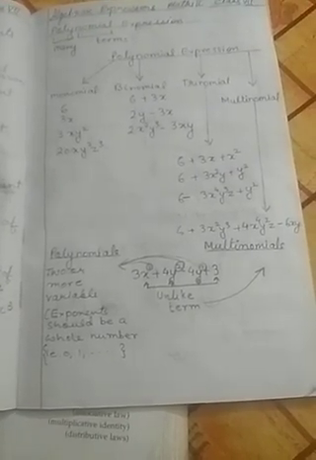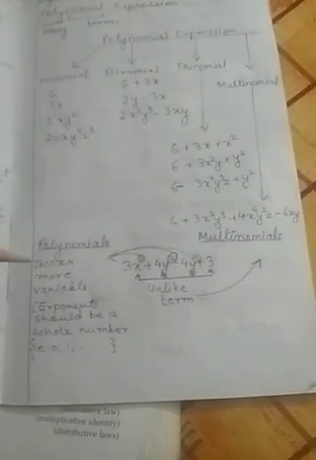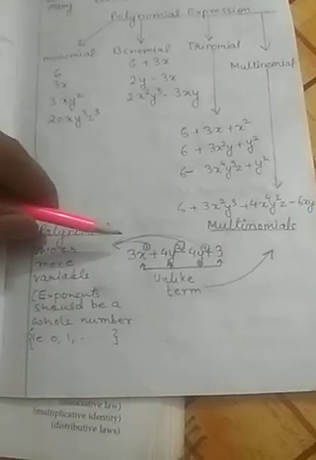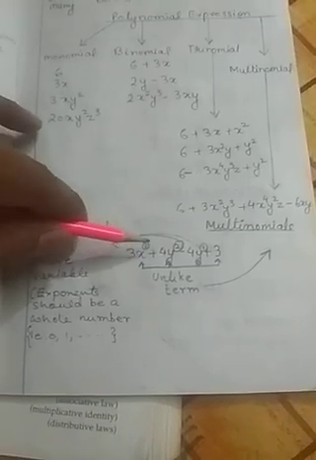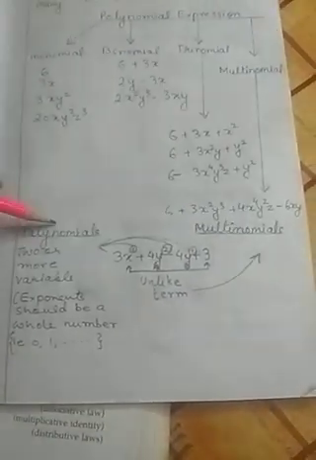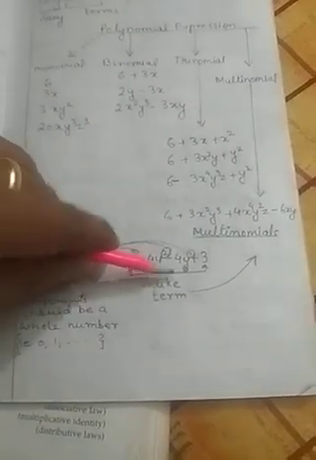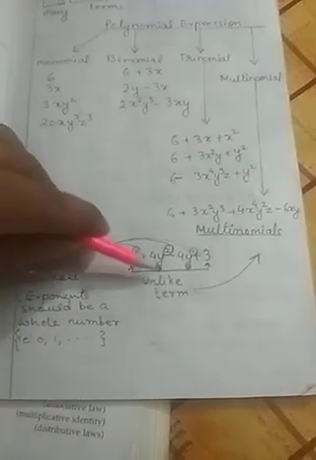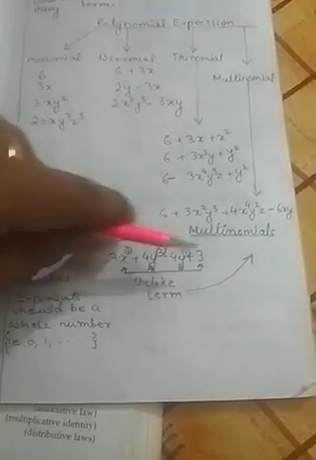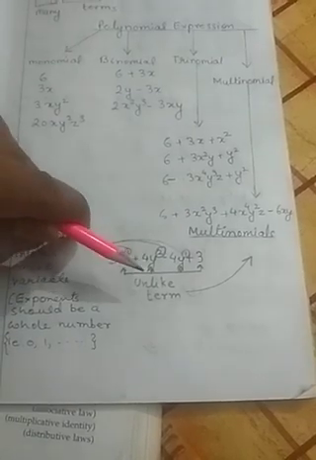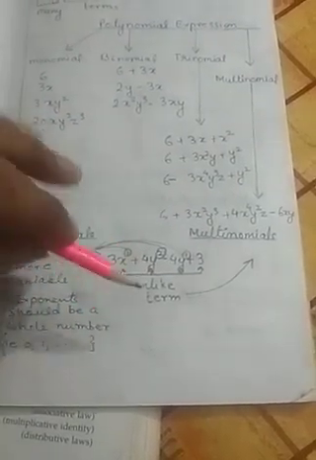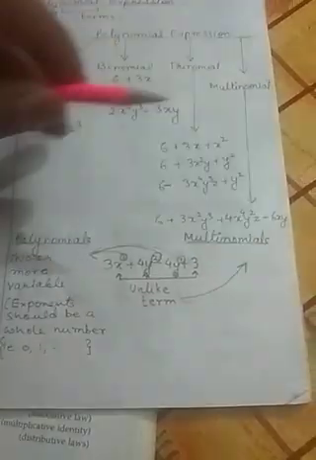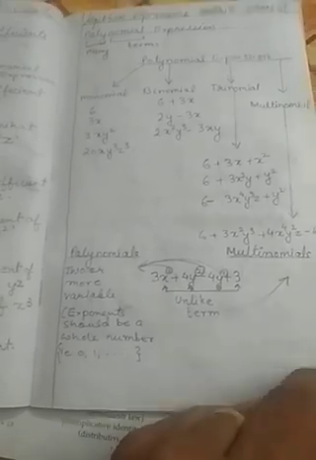Negative numbers are not whole numbers. So expressions whose variables have whole number exponents, we call polynomials. For a multinomial, here we discuss the terms only. The expression should have more than 3 terms and they should be unlike. That we call a multinomial. Clear the difference between polynomial and multinomial?